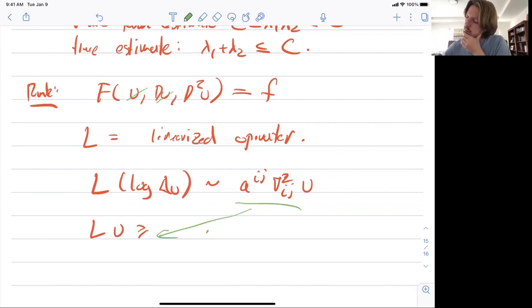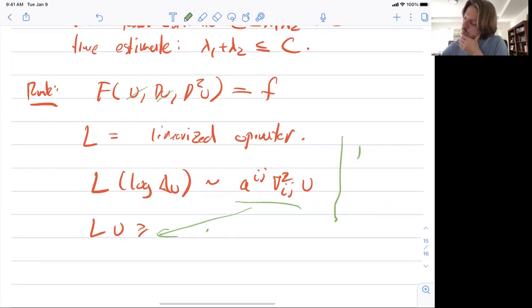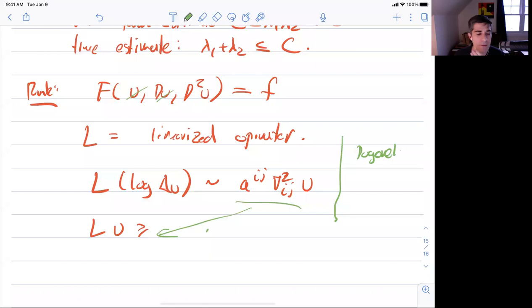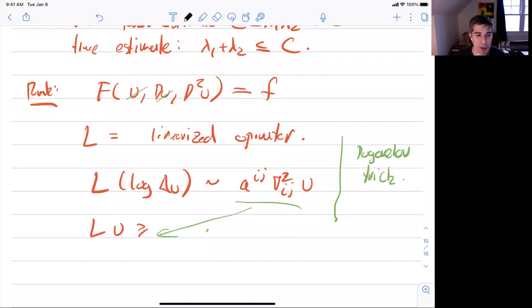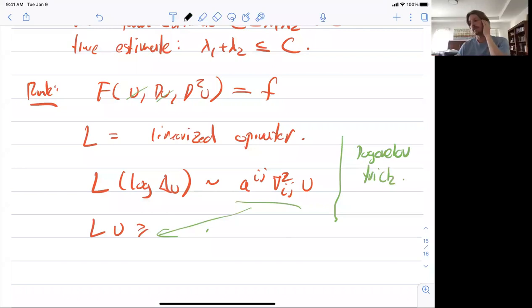I mean, this sort of goes under the name Pogorelov trick. But from the geometric point of view, you have no right to apply L to U, right? Because U is in the wrong space. Well, yeah, I can't decide. This is somehow at the intersection of the geometric part and the purely analytic part.